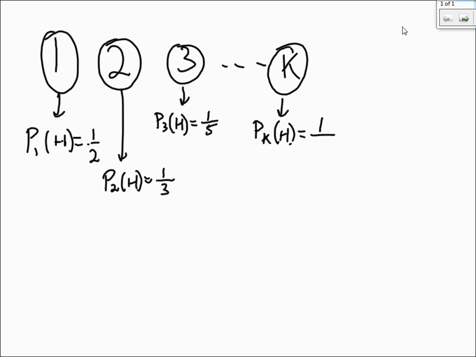And all the way up to the kth coin, the probability that it comes up heads is 1 over the kth prime number. Let us call that p sub k. Different p than probability. If the kth prime happens to be 23, then the probability that this kth coin is tossed and comes up heads will be 1 over 23.